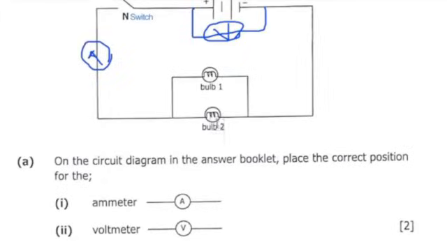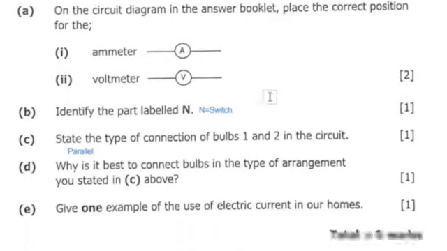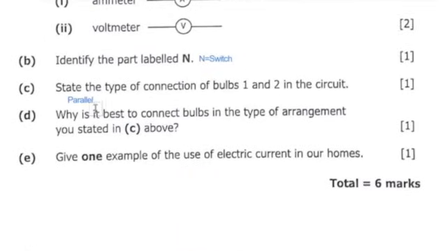They are connected in parallel, bulb 1 and 2. Even though bulb 2 is in series, altogether 1 and 2, when we put them into consideration, that will be parallel.